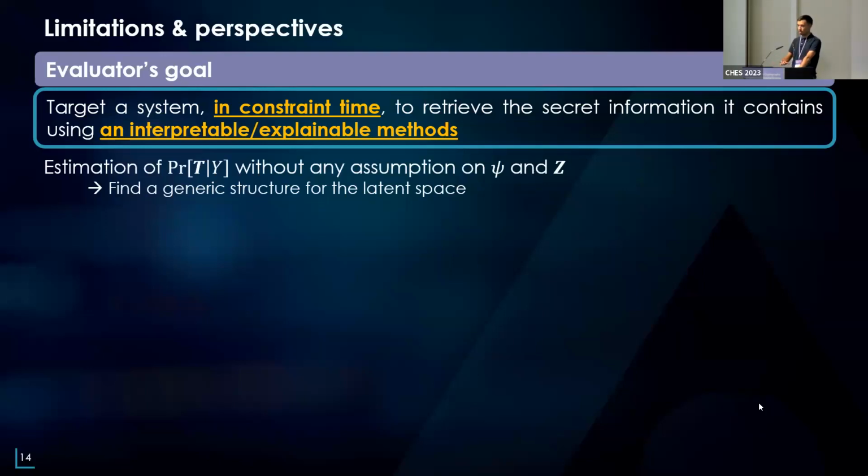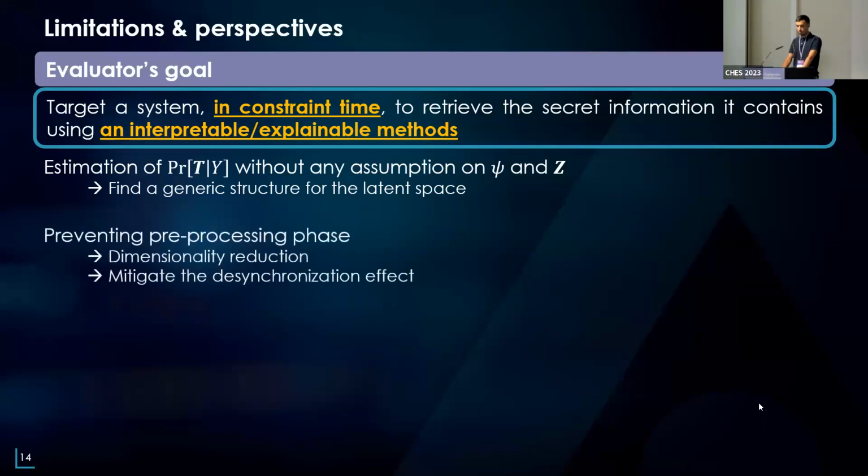on the leakage model or on the physical noise, we can, for example, find some more generic structure for the latent space, such that the latent space could be automatically adapted depending on the targeted device.